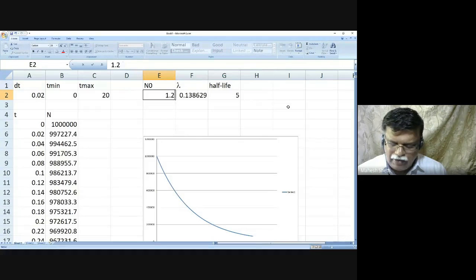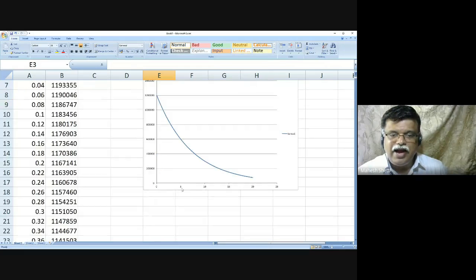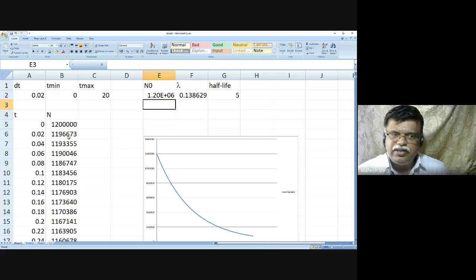Suppose I do that, then you can clearly see at x equal to 5, it is coming exactly half, which is 0.6 million or 6 lakhs. So again, we have taken a simple problem, but the solution works very nicely.